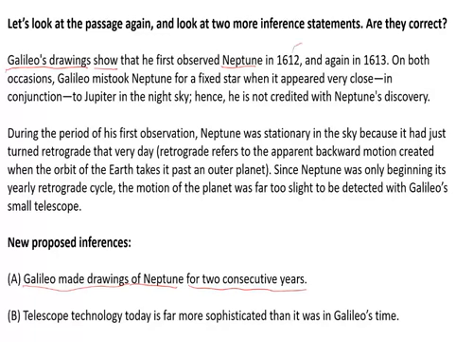Well, 1612 and 1613, if you see that the drawings were made in those 2 years, you're not just inferring logically that they must be consecutive. They're consecutive by definition. It's a little bit too close. We're saying he made drawings in 1612 and 1613 and saying he made drawings for 2 consecutive years. For 2 consecutive years is just a less specific paraphrase of what's in the passage. So this is a paraphrase.